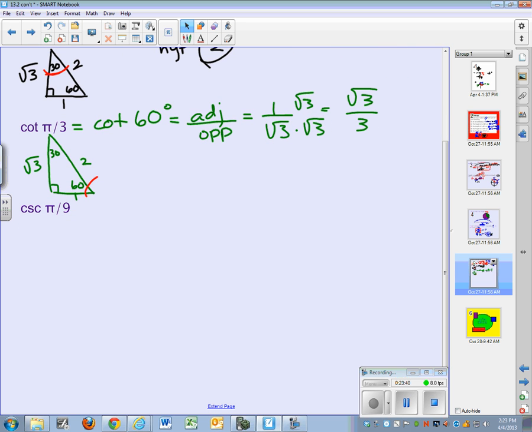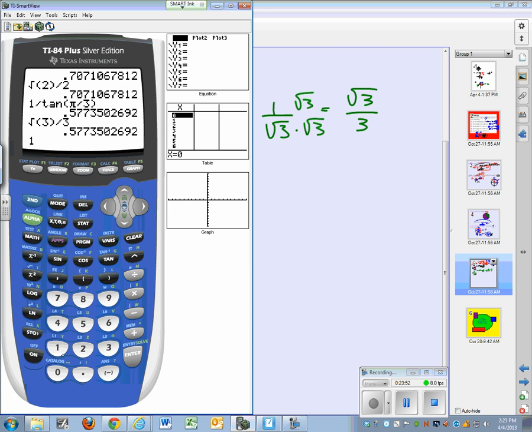And notice that cosecant is not in your calculator. So cosecant is the reciprocal of which trig function? Sine. So you're going to do 1 over the sine of pi over 9. And this one you're going to have to round. Like I said, there is no exact form. So the book would probably give 2.92 as their answer.